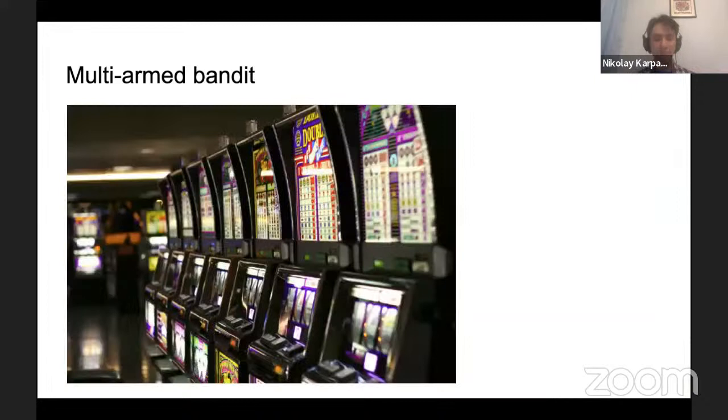So the problem of multi-armed bandit is basically the problem of a user, of the agent in this environment. When you come to the casino, you want to get as much prize, as much cash as possible. And you do this by choosing arms in these slot machines, and you need to select the most promising slot machine, which will give you the most reward.